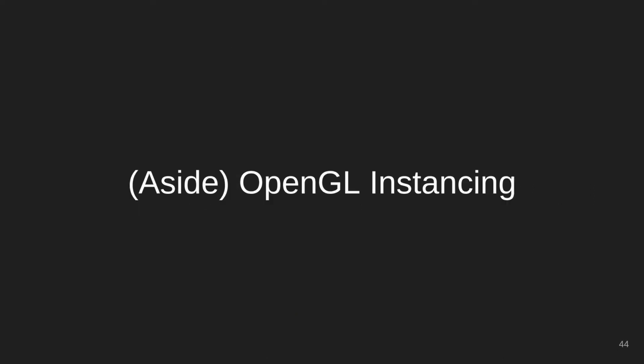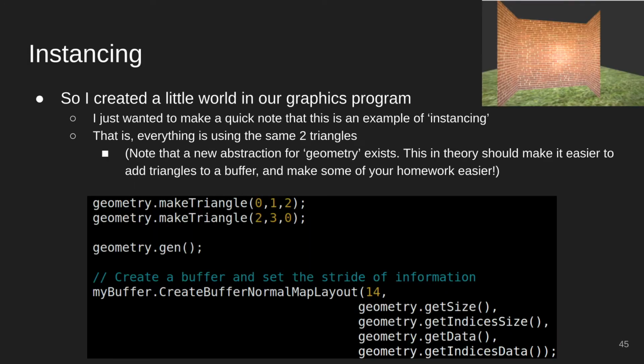Okay, just a quick aside on OpenGL instancing. I created this little world in our graphics program, and I just want to make a quick note that I'm doing something that's an example of instancing. That is, all of these brick objects here, if you look at the code, there's been another little abstraction added on geometry.